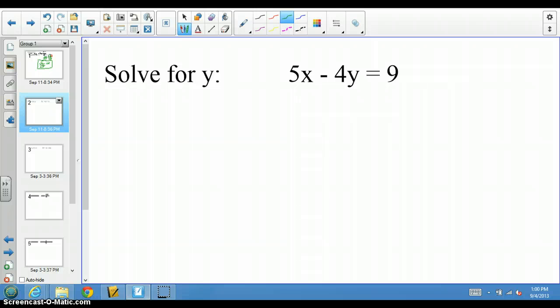This next one, solve for y. So like I said earlier, sometimes I like to circle the thing that I'm solving for. Okay, so negative 4y. That's what I want to get all by itself first. I can't get the y all by itself right away. I have to get rid of this 5x, so minus 5x to both sides.